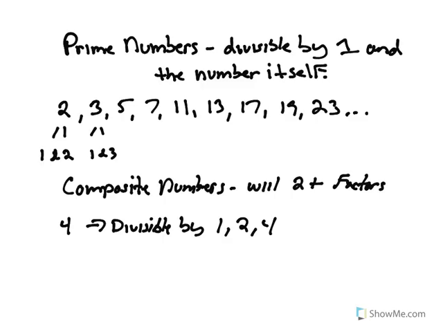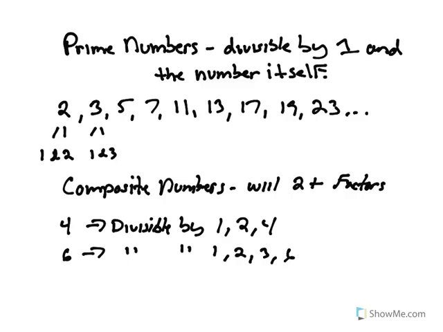Another example of a composite number would be 6. It's divisible by 1, 2, 3, and 6. So that's 4 factors, which does not make it a prime number. Prime numbers are pretty easy to locate once you realize it's only divisible by 1 and the number itself.